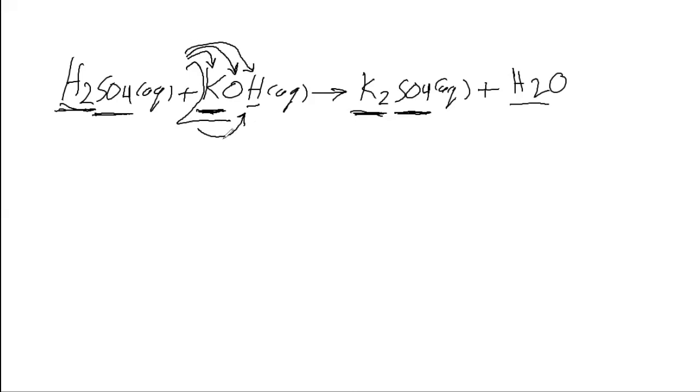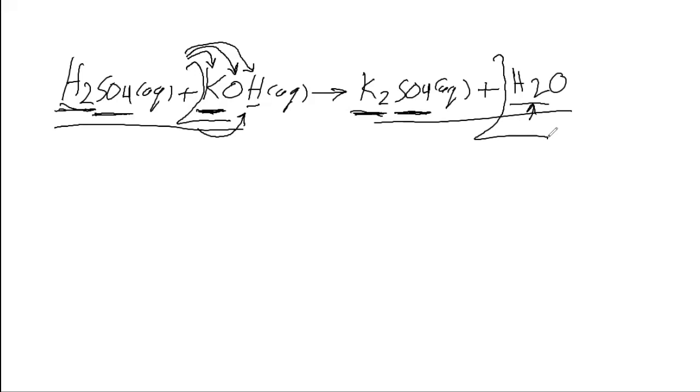So here I have a total of 4 hydrogen on the reacting side. On the product side, I just have these 2 hydrogen in the water. How will we make it balanced? Simply you will multiply the water molecule on the product side by 2 to make the hydrogen 4 on each side.